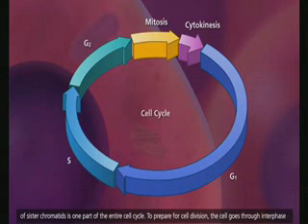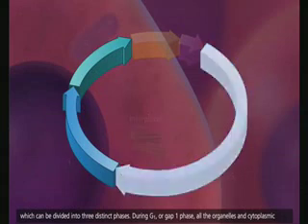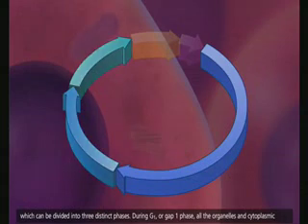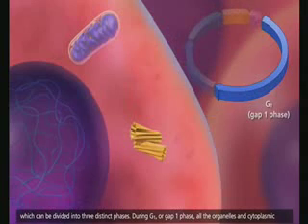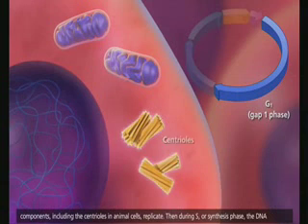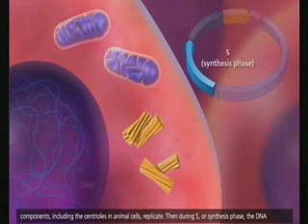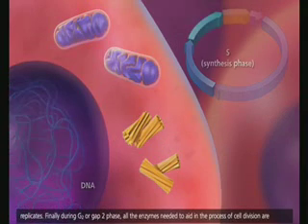To prepare for cell division, the cell goes through interphase, which can be divided into three distinct phases. During G1 or gap1 phase, all the organelles and cytoplasmic components, including the centrioles in animal cells, replicate. Then during S or synthesis phase, the DNA replicates.